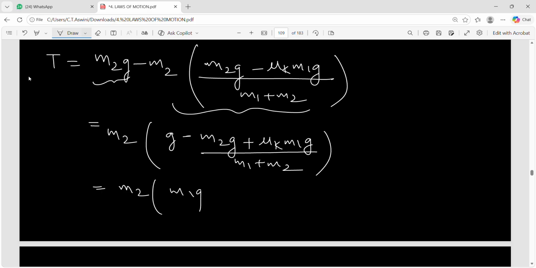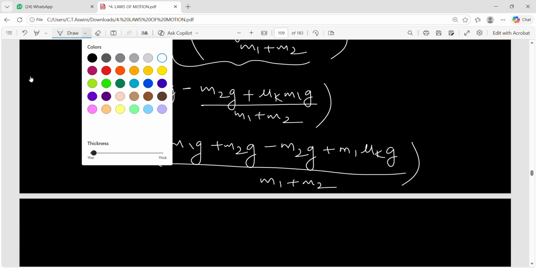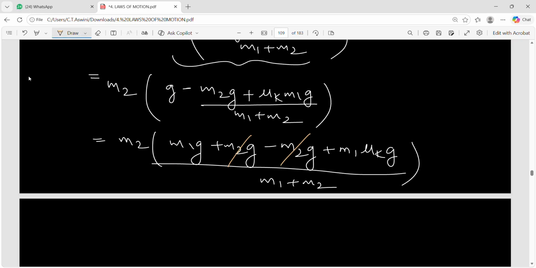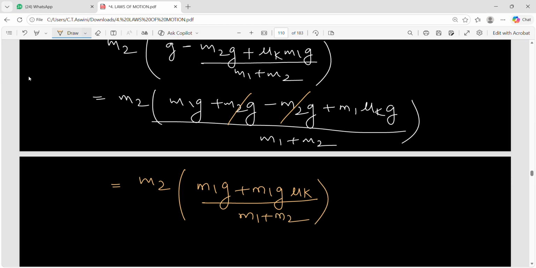So m2 into m1g plus m2g minus m2g plus m1 into mu k into g, now whole divided by m1 plus m2. What gets cancelled here? Plus m2g minus m2g cancel. You will get m2 into m1g plus m1g into mu k divided by m1 plus m2.